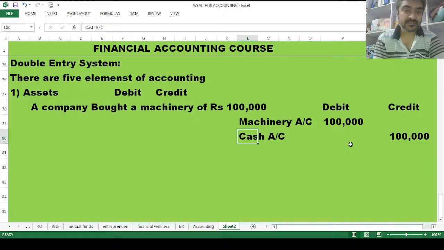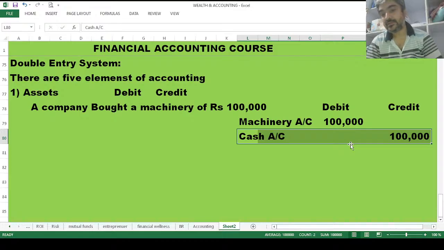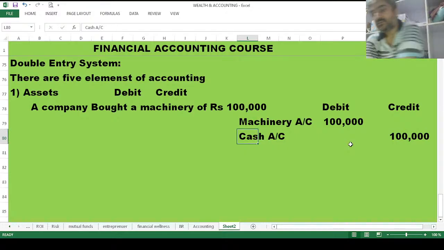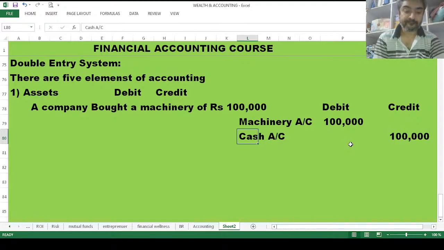So cash is an asset, and cash is going out of the company as we pay for the purchase of the machinery. So when one asset comes in, it is debited. When one asset is going out, it is credited.